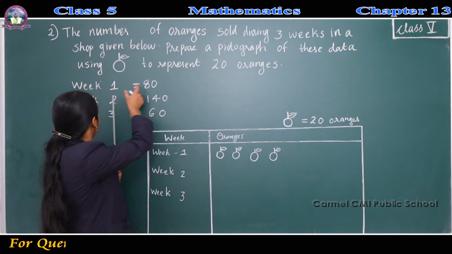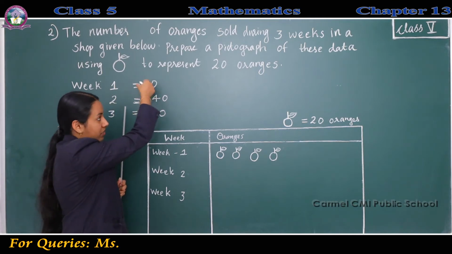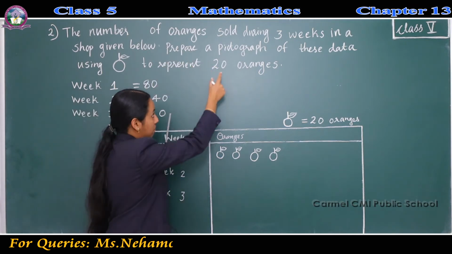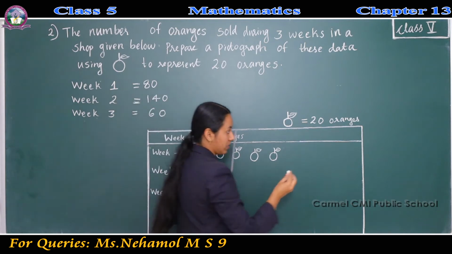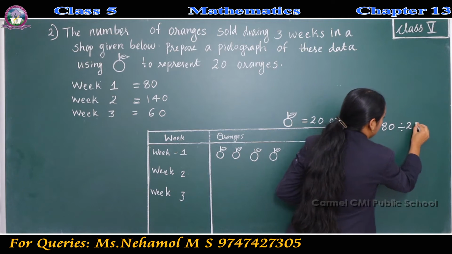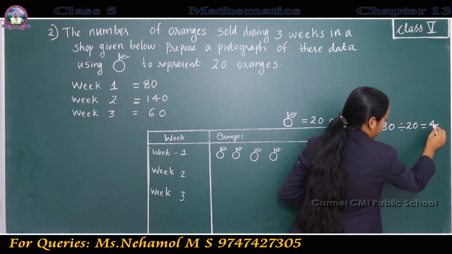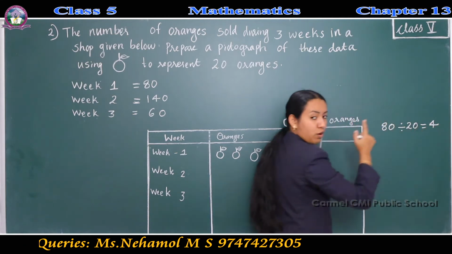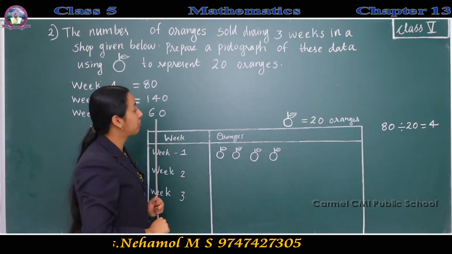Or, week 1, 80 oranges, one picture represents 20 oranges. 80 divided by 20 is 4. So we have to draw 4 pictures.